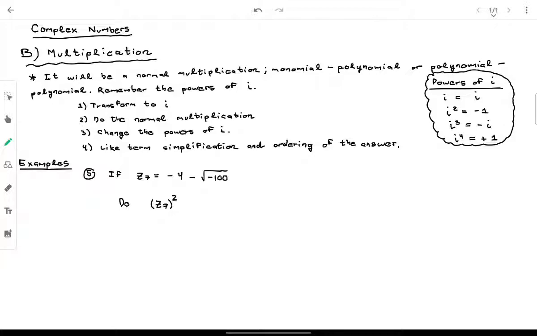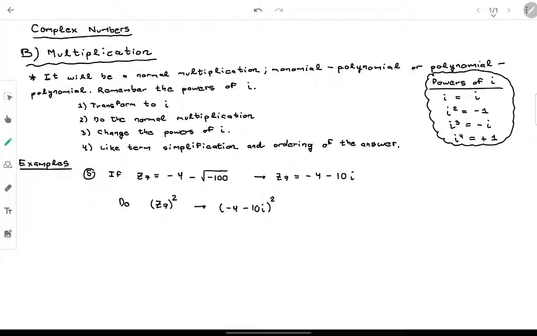So it's going to be this one. If we transform them to I, it's going to be c7 equals minus 4 minus the square root of 100, it's 10i. That means it's going to be minus 4 minus 10i, all of it squared.